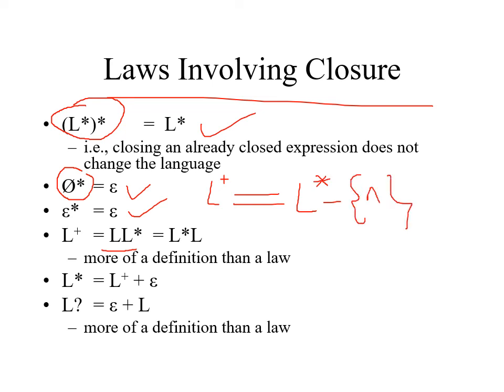This also means L asterisk is equal to L plus null. This is the same, right? So these are some algebraic laws that complete the definition of closure.